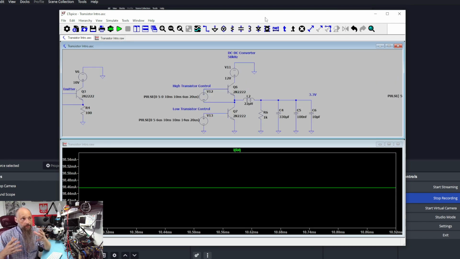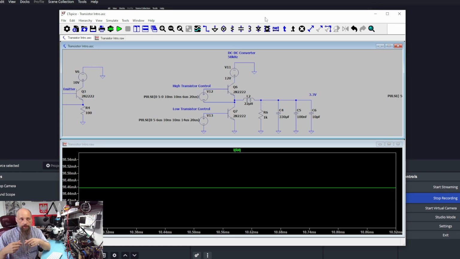Now here we have a little more real-world example. This is a DC to DC converter, which works at roughly 50 kilohertz. What happens here is our high side transistor opens, charging the L2 coil, which has 22 microhenry inductance.